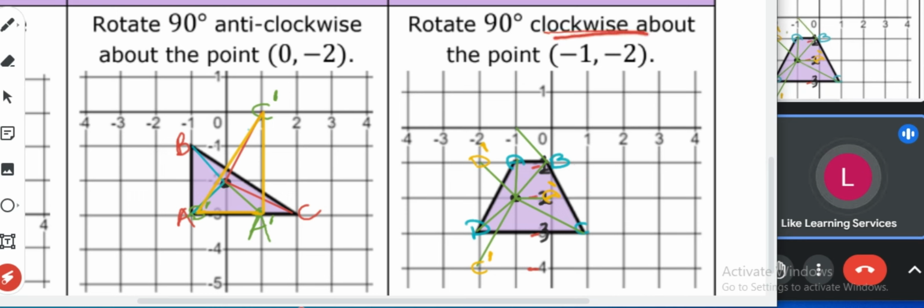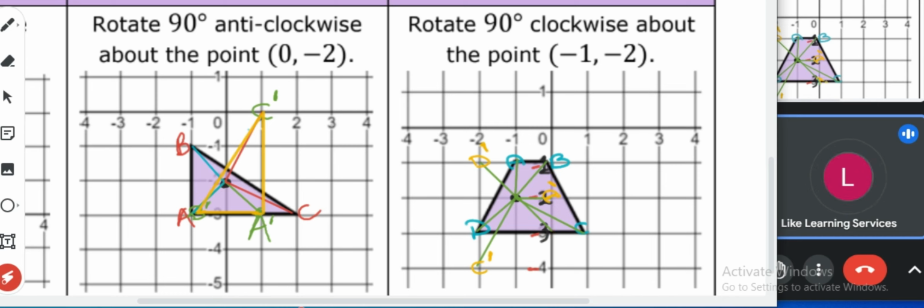Remember, you are supposed to start from B and go clockwise. Oh yeah. 90 degrees clockwise. Where will it be? Good. It has to come to here. So this is the new position of B, B prime. You're right.